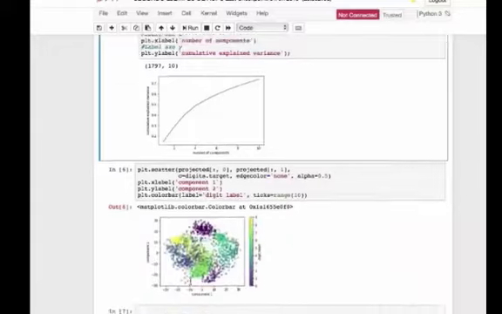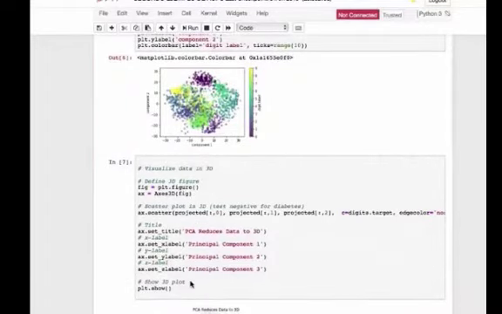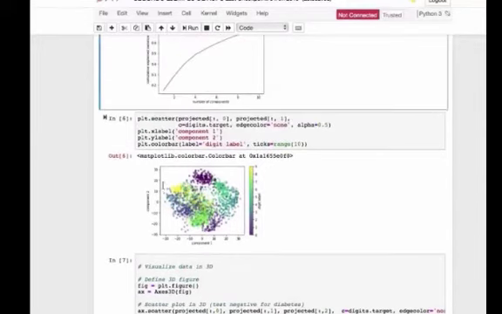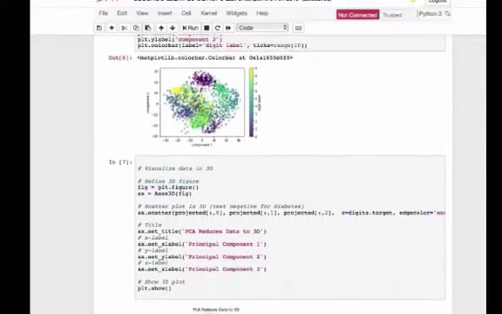Finally, they plot the data in 2 dimensions and 3 dimensions. Here 2 dimensions, here 3 dimensions. The second task for you is to run this code about PCA to visualize the previous database of women tested positive for diabetes.